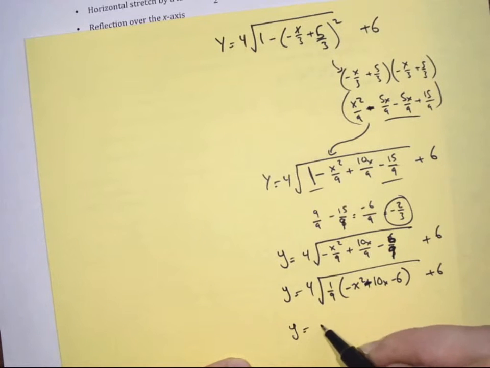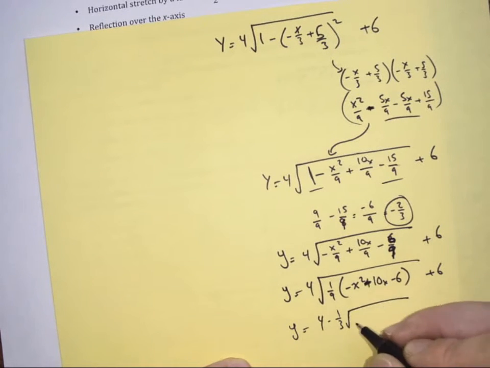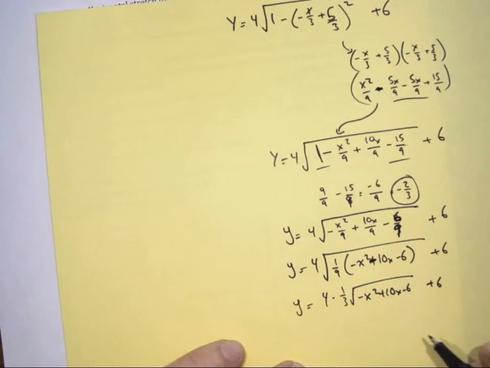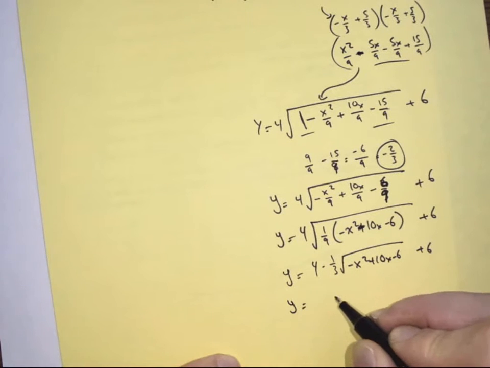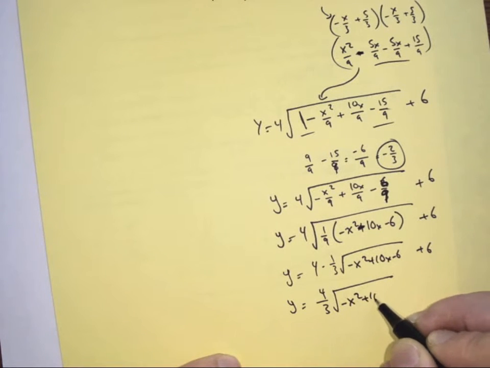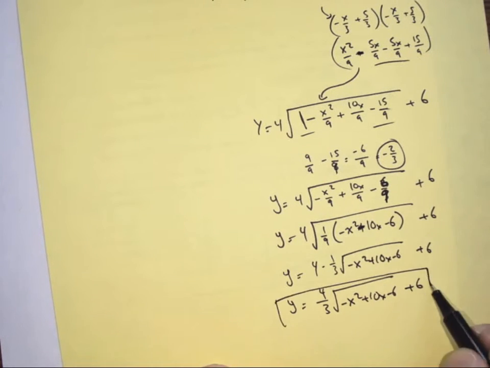So it's going to be y is equal to 4 times 1/3 root negative x squared plus 10x minus 6 plus 6. And I should probably make that into a single fraction. So it's 4/3 root of negative x squared plus 10x, take away 6. Okay. And then I have a simplified answer that I'm happy with. I can't see any other way to simplify that, and so I would say that's done.